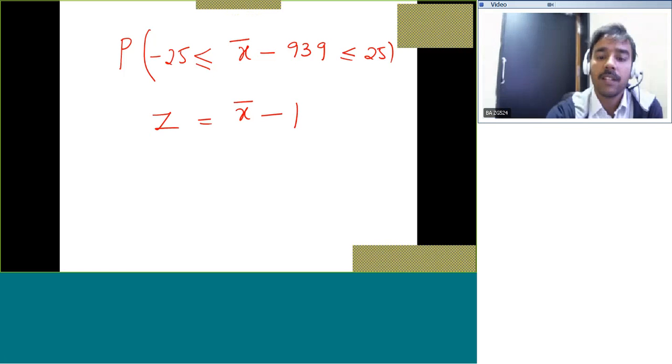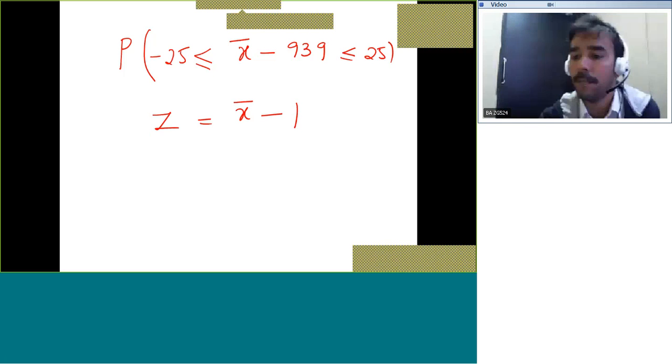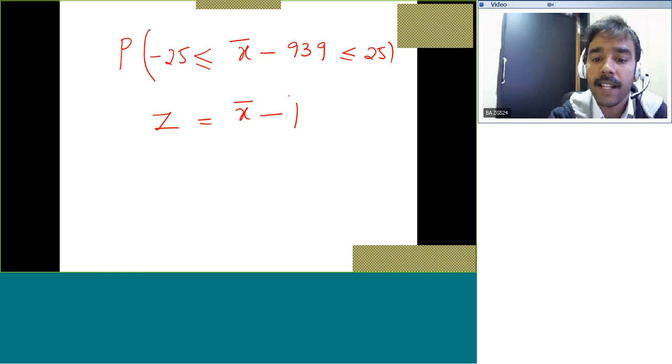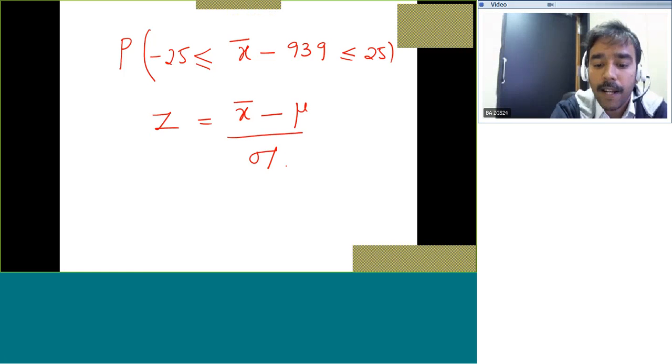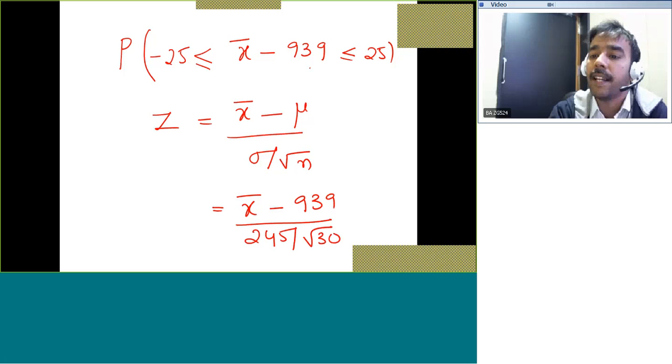When X bar follows normal distribution with mean mu and variance sigma square by n, the test statistic is X bar minus mu by sigma by root n. That is, X bar minus 939 by 245 by root 30. So we will convert this X bar minus 939 into Z.